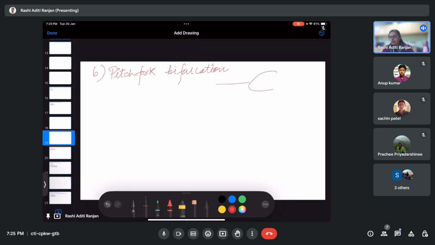The bifurcation diagram would look something like this. There would be a pair.